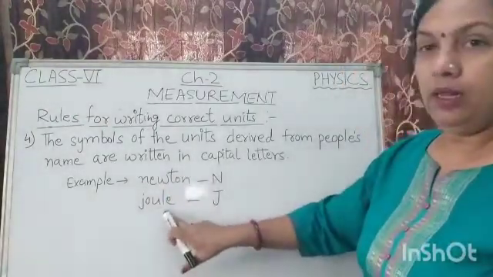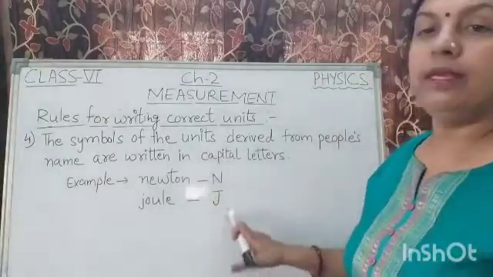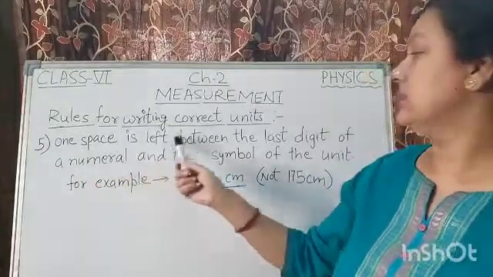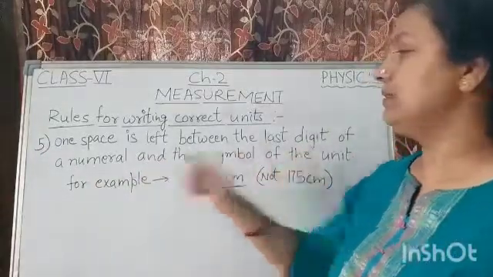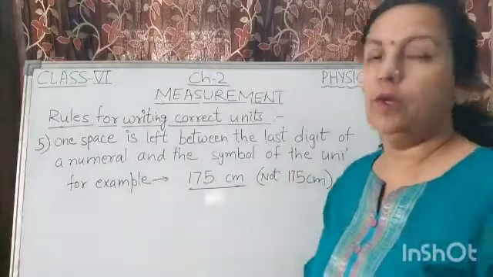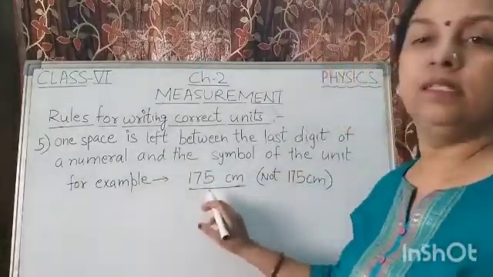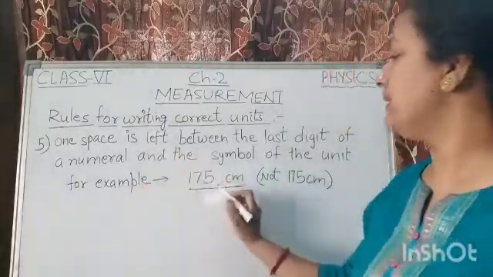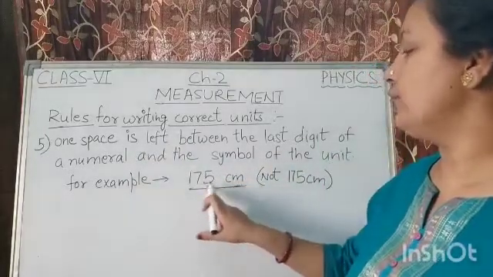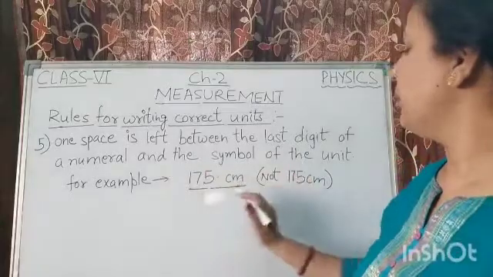Similarly, Joule, its symbol will be capital J. One more rule is that one space is left between the last digit of a numeral and the symbol of the unit. Numeral means number. So one space is left between the last digit of the numeral and the symbol of the unit.